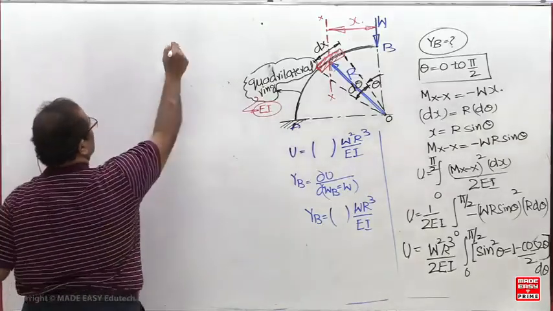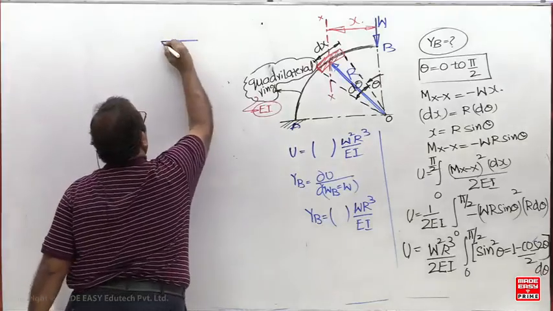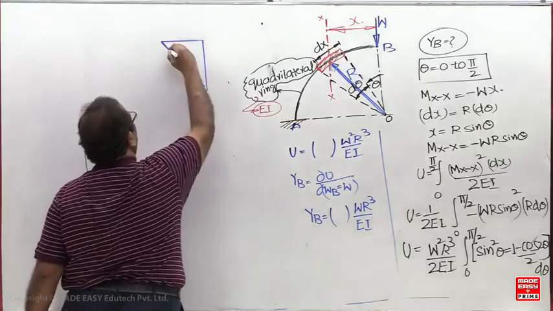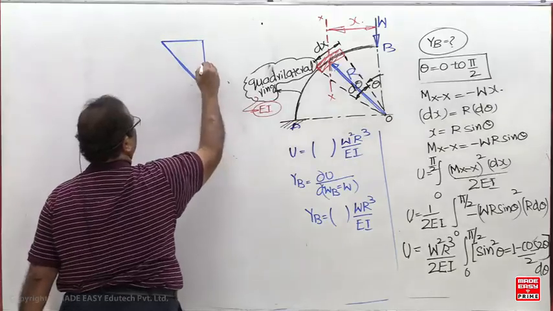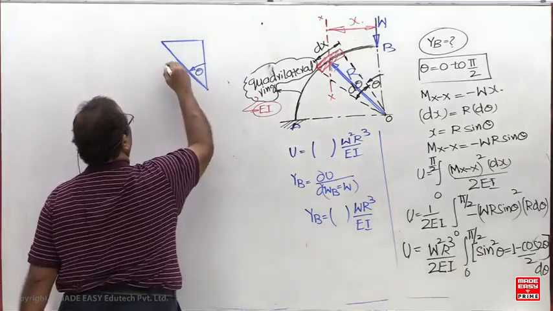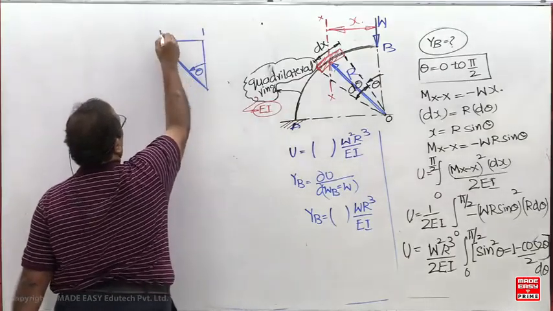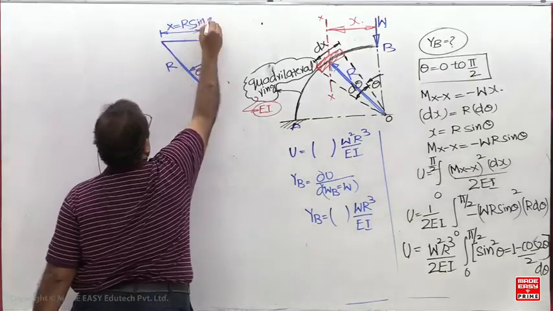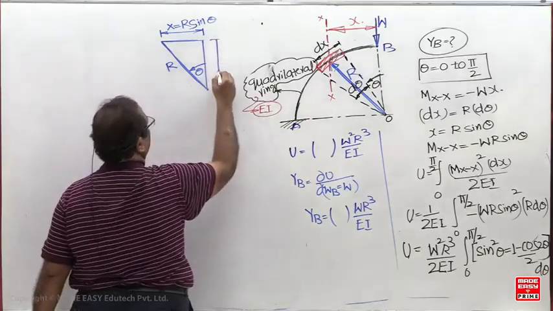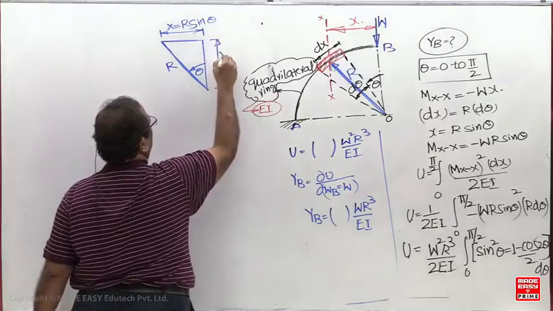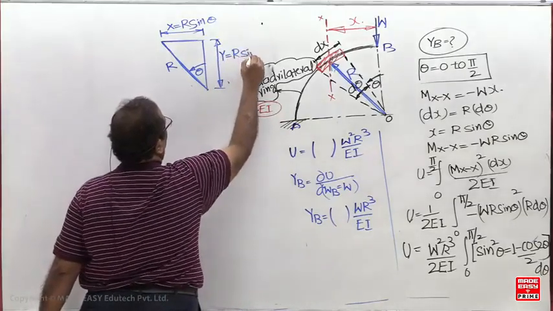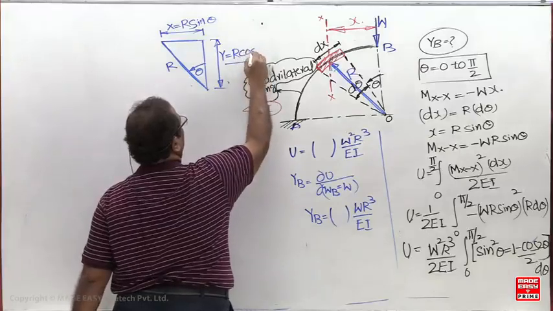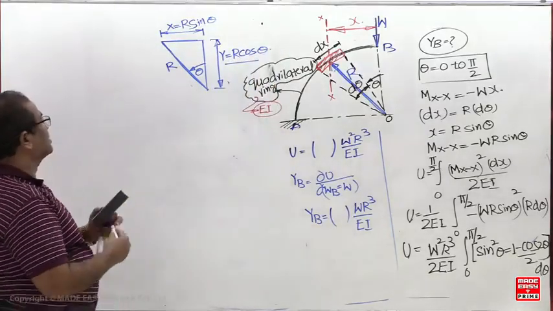How to get the x value now? X is equal to r sin theta, y is equal to r cos theta.